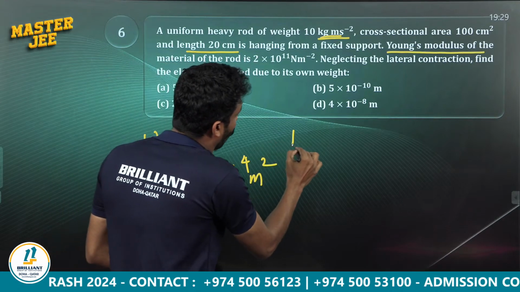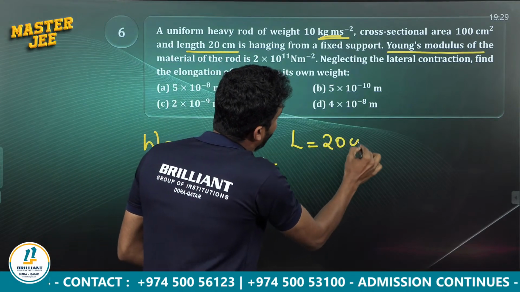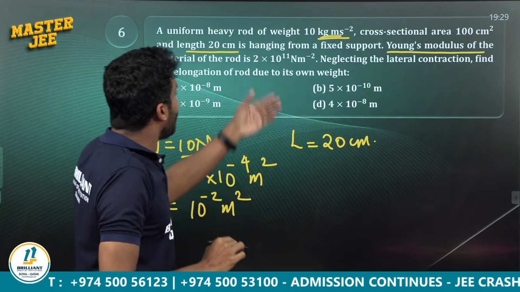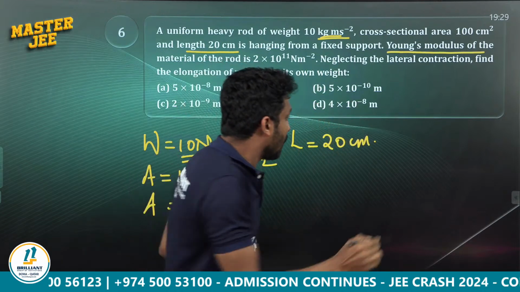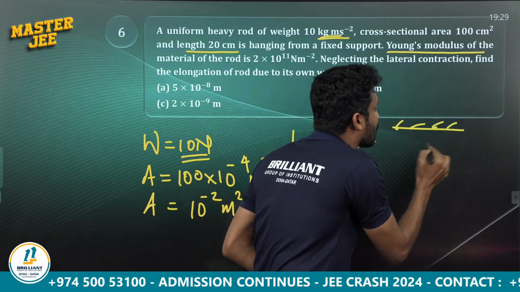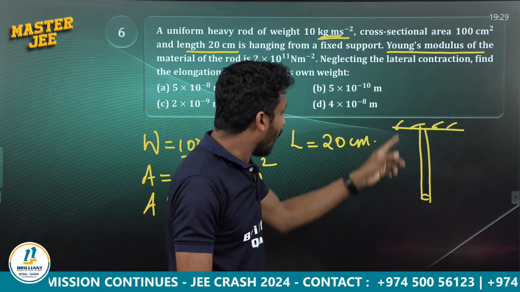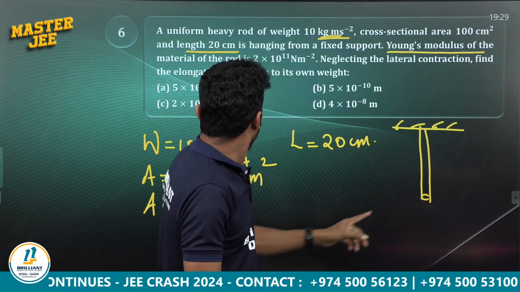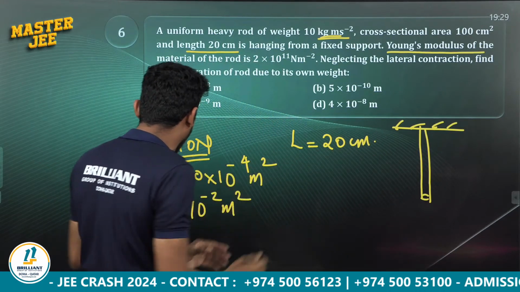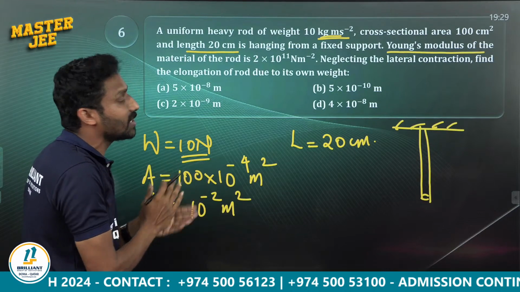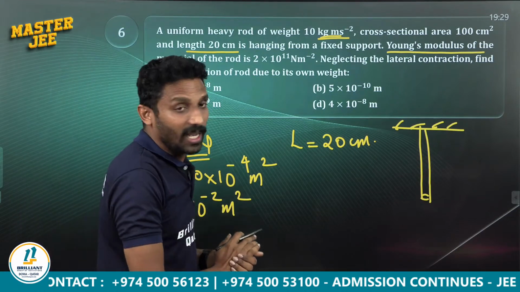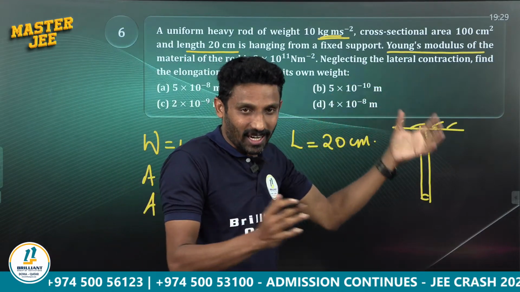It is hanging from a fixed support. We can imagine there is a fixed support and the rod is hanging there like this. The length, weight and cross-sectional area of the rod are all given.